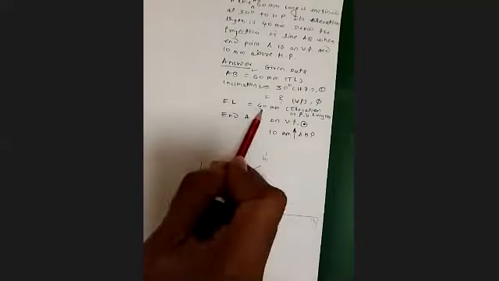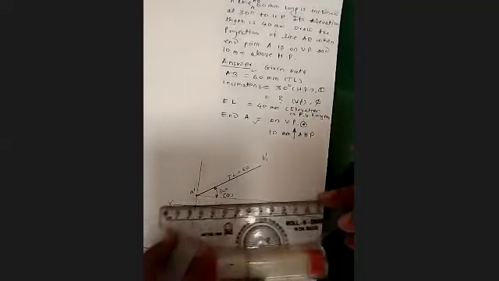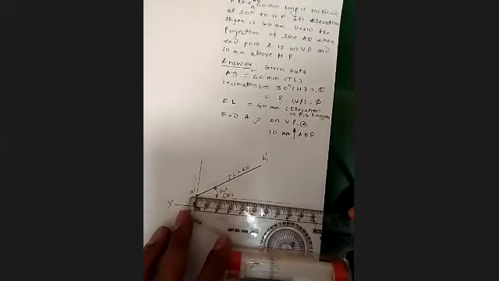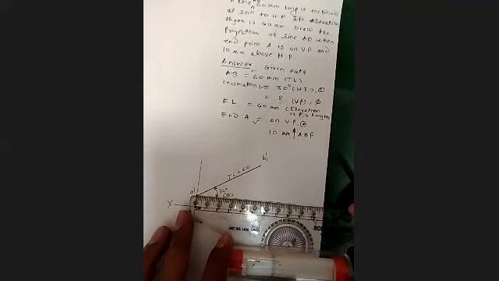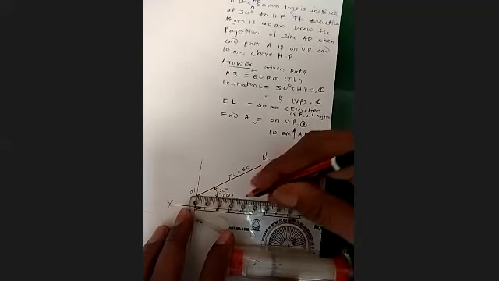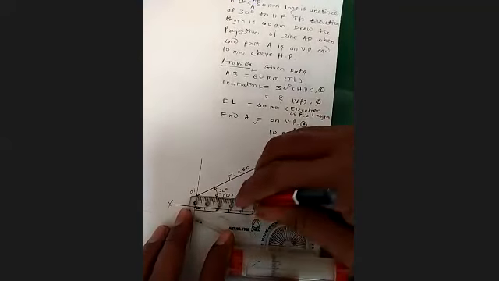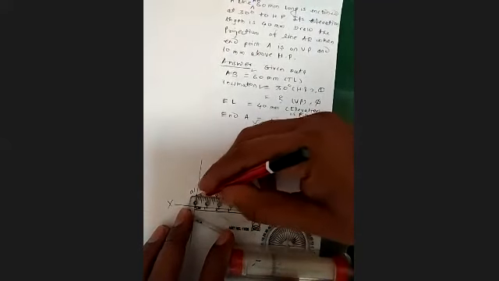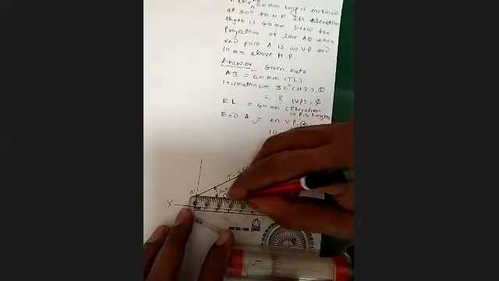Now EL, you know that the EL will be always on the locus of A dash. Whether it is AB line, then A dash, EL. So we'll take EL. How much EL is given? It is given 40 millimeter. So I will be taking 40 millimeter here. See, I will make it a bit dark.